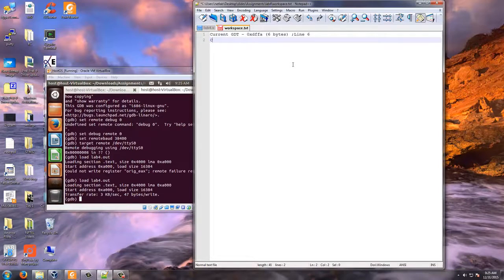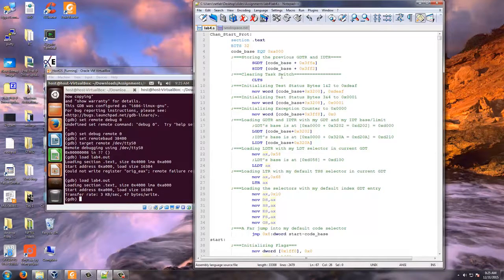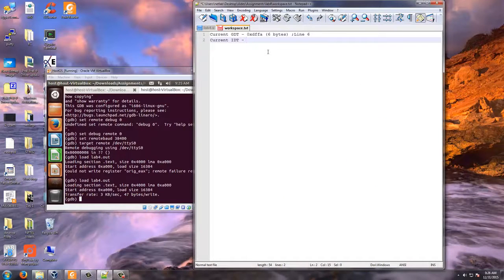Now we are storing the current IDT at 0xDFF2. It's again 6 bytes at line number 7.